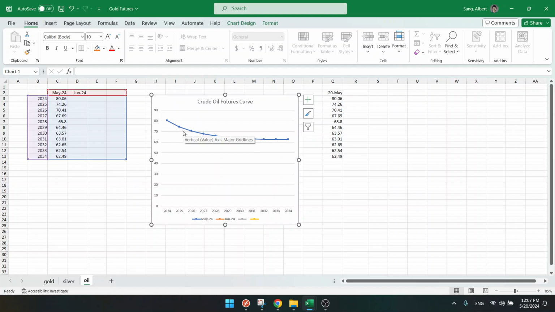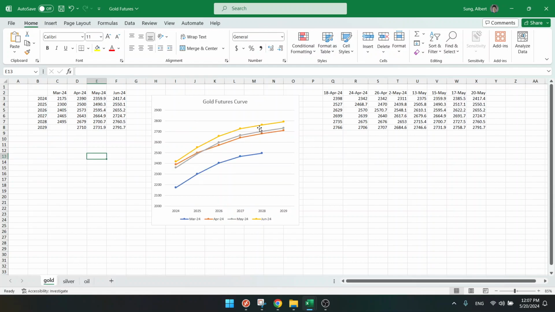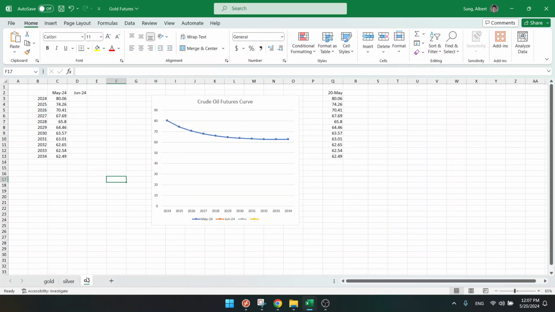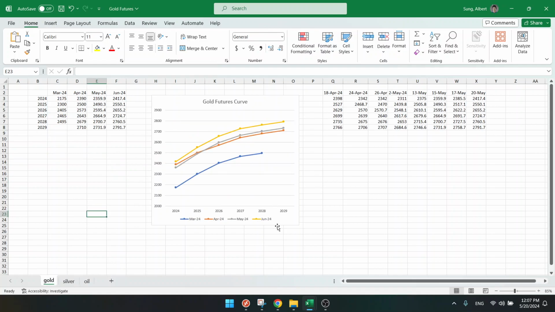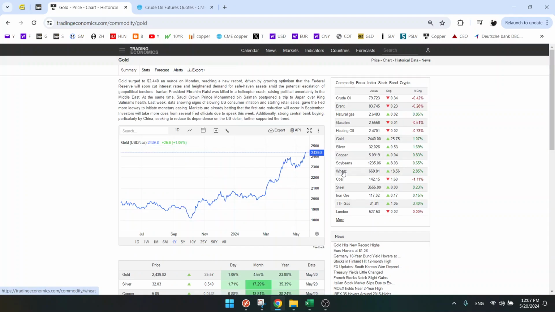Okay, so I don't see upside in oil at the current time, which is also good for mining companies because costs will go down for mining companies and their revenue is going to go up for the gold miners and also for the silver miners. So I would indeed put my money currently in gold miners because costs are not going to go up while the revenue is going to rise.